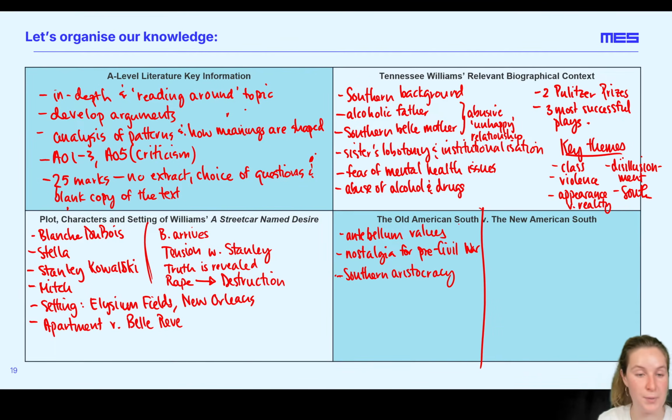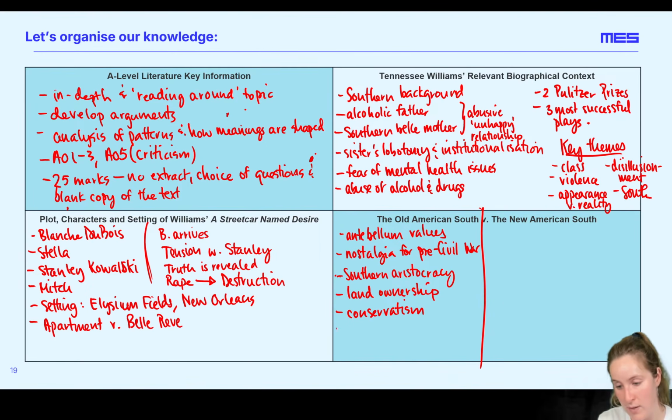The planter class to which Blanche and Stella would belong to. We would have got this dependent on land ownership. We would have had conservatism, this largely rural setting. Right.